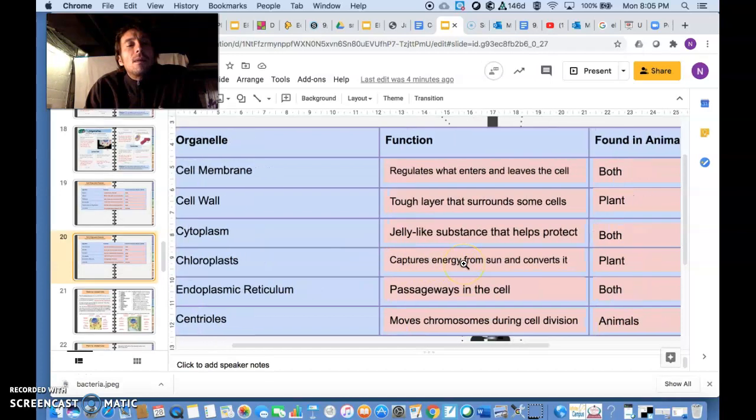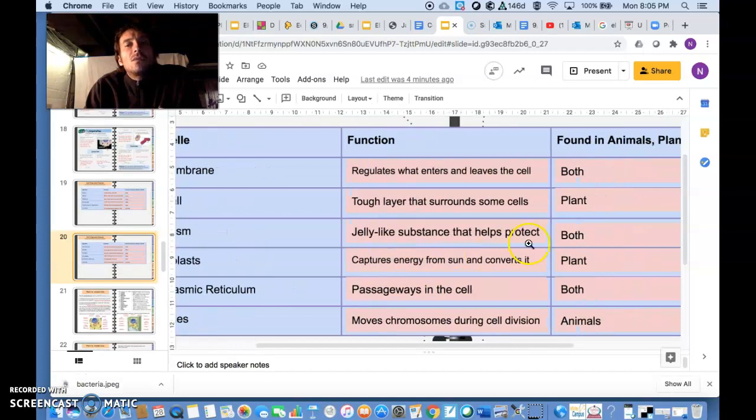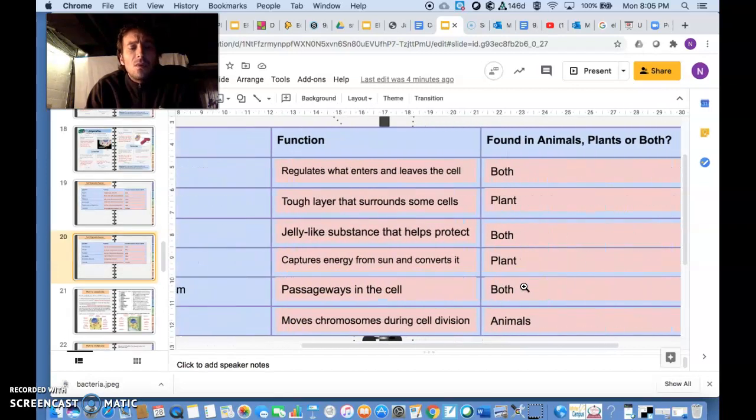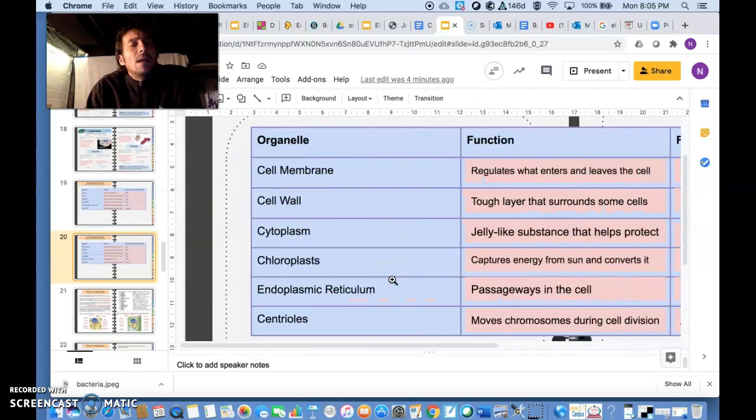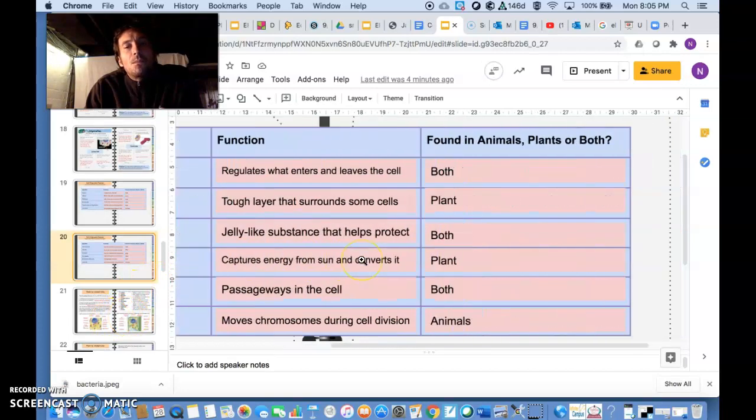Then cell membrane through centrioles, where they're found. And you can see most of these are found in both plant and animal cells. Some are found in only plant, some are found only in animals. More of them are found only in plants. Take a look there though.